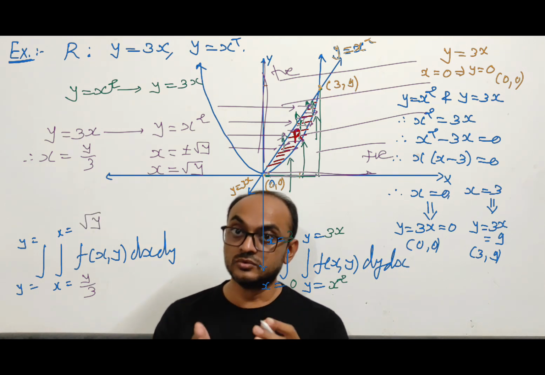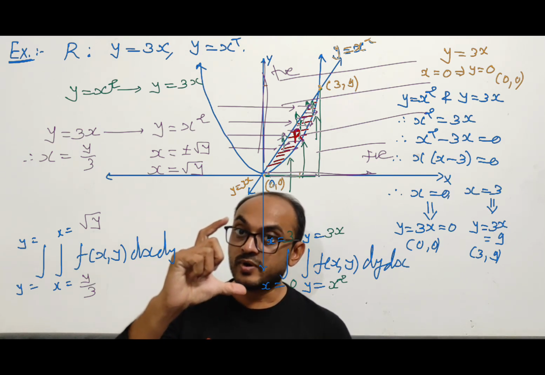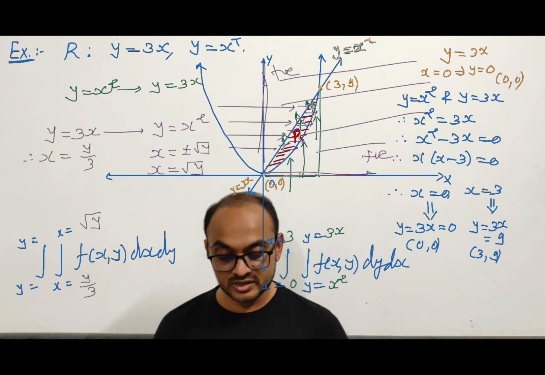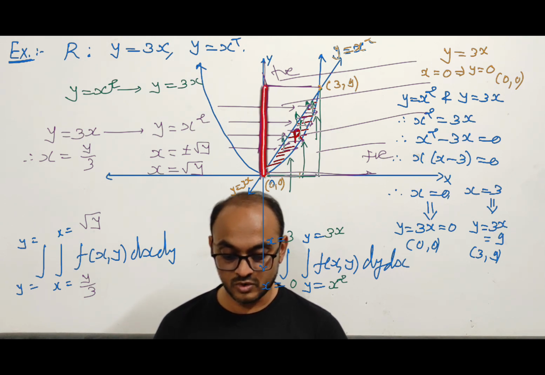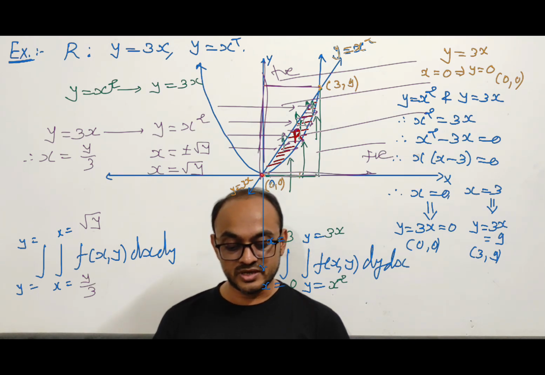Right. Now, y. What do we have to observe? How much portion of the y-axis is covered by the region? So I observe the y-axis. So this much portion of the y-axis is covered by the region. Here the lowest value of y is 0 and the top point is y equal to 9.